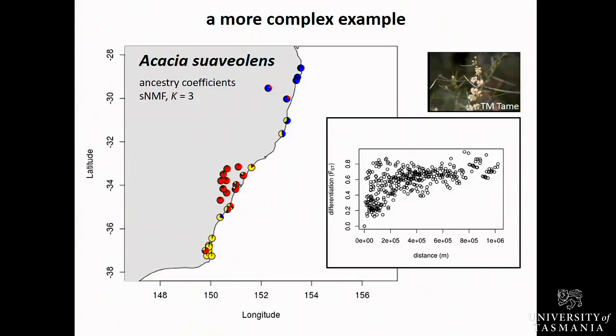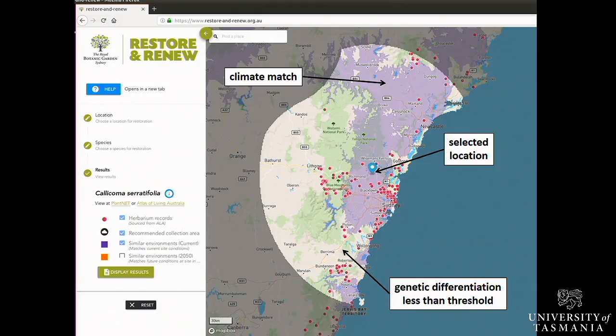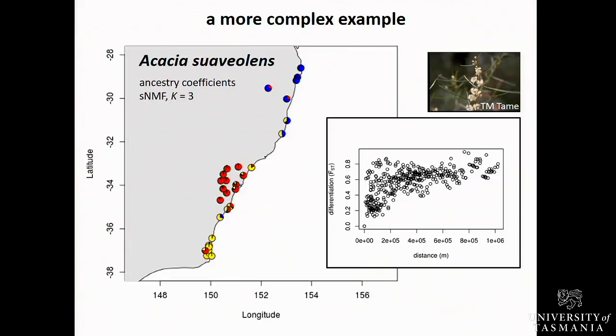But I'll now just step through another example that I think serves to illustrate how this is useful. If we look at what we saw for one species and then work through another species for the same location. So the story in Acacia suaveolens is rather more complex in that we see levels of differentiation that are much higher overall, but we also see some reasonably strong population stratification.